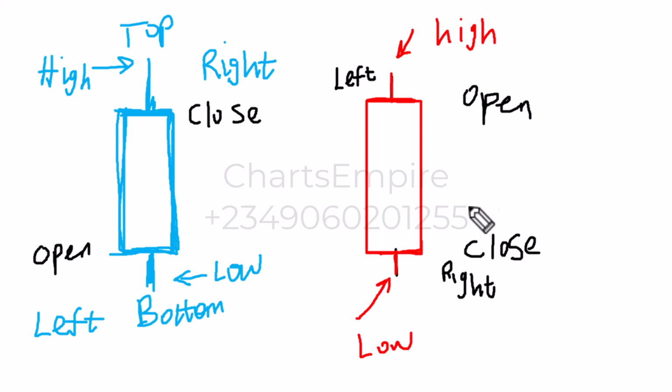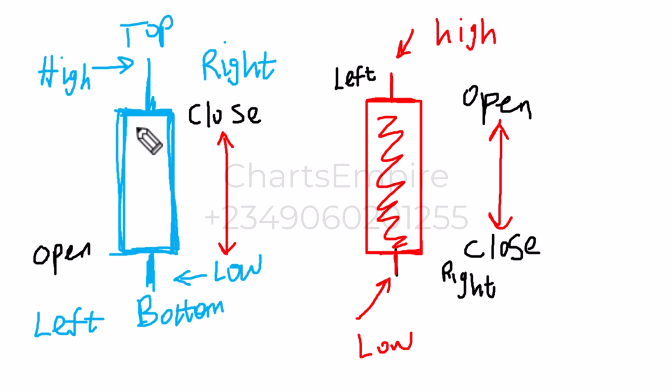Now, the next question is, what is the difference between the open and the close of this candlestick? The difference is what we call the body. So what you see right here inside is the body. I am going to use their corresponding colors to draw them.